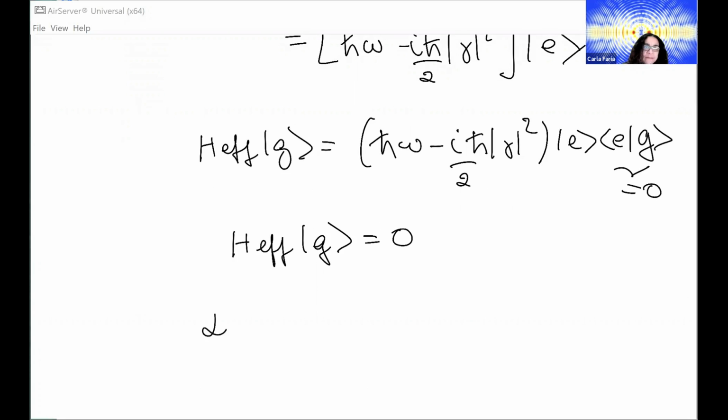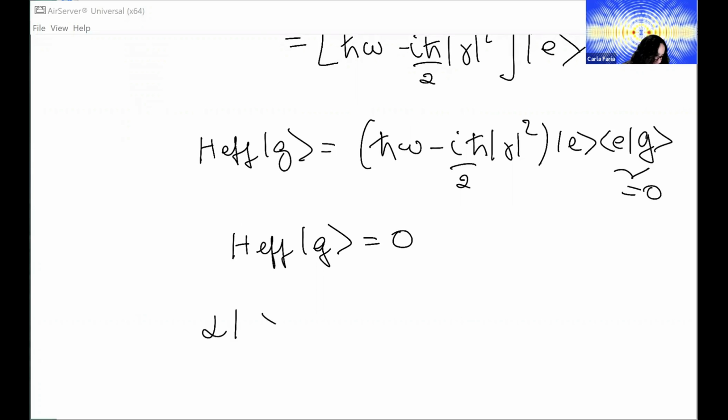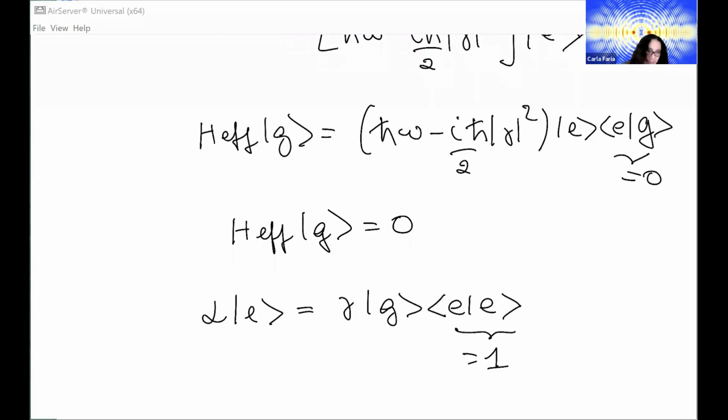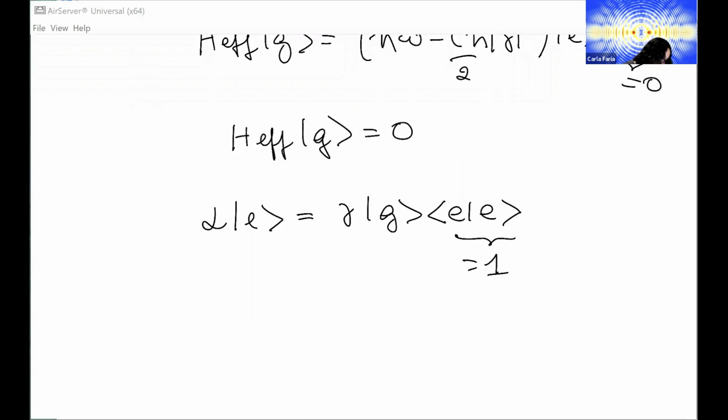And the Lindblad or the jump operator applied to the excited state is going to be γ|G⟩⟨E|E⟩. So ⟨E|E⟩ is equal to 1. And from here we can see that this is going to give me then γ|G⟩.